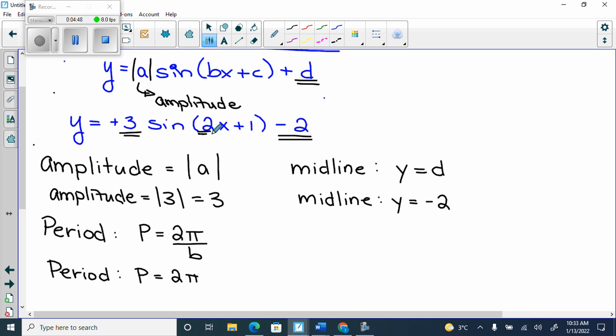It's what's between the sine and the variable. So it's 2 pi divided by 2, so it repeats itself every pi. And the formula is on your formula sheet. It says A, B, C, D, it tells you what the letters are, and it tells you the period is 2 pi divided by the B. Okay?